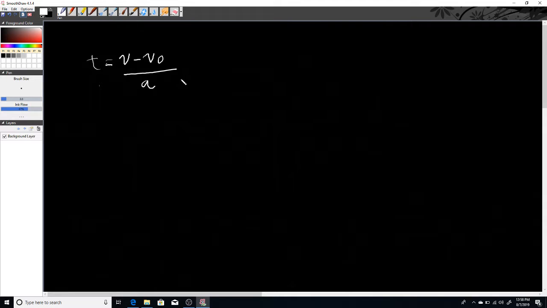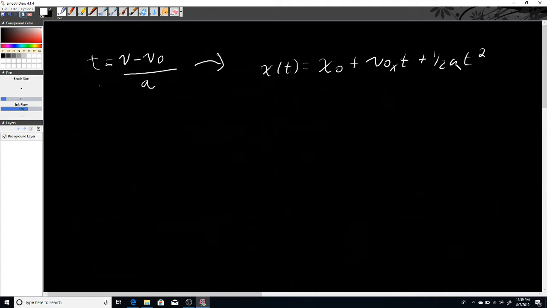And I will plug that back in everywhere there's a t in this equation here, plus v initial in the x direction times t plus 1/2 at squared.